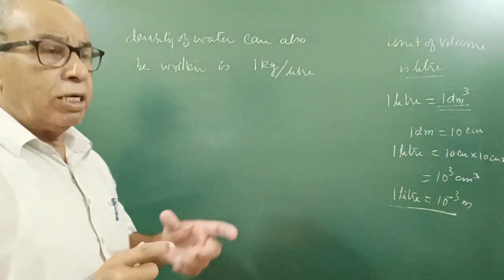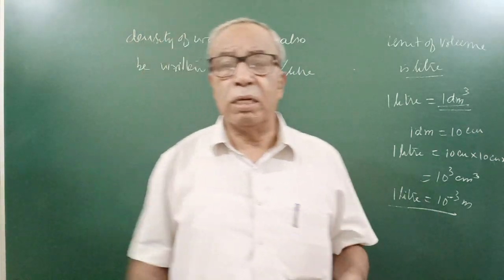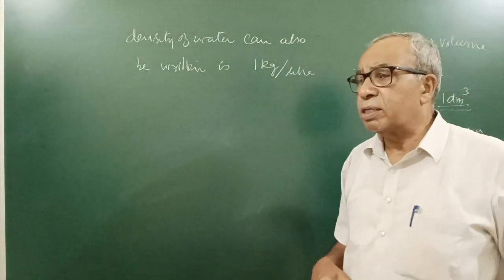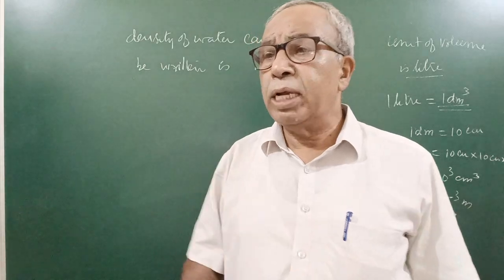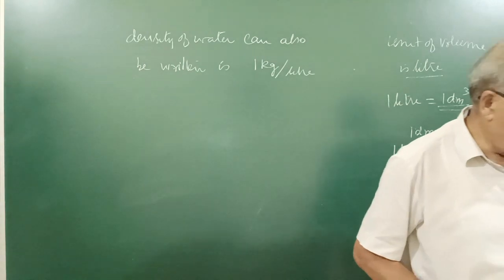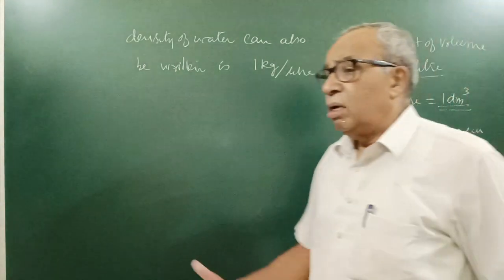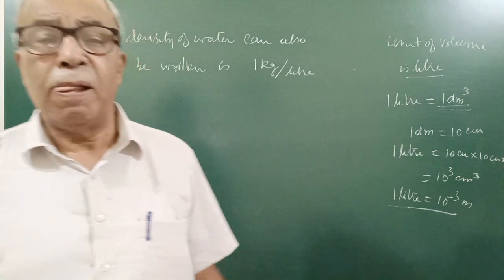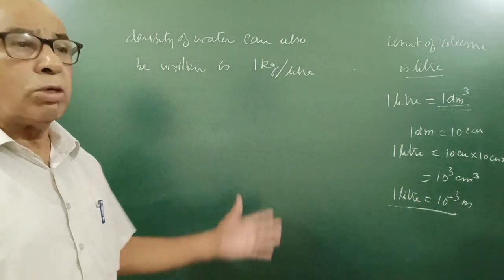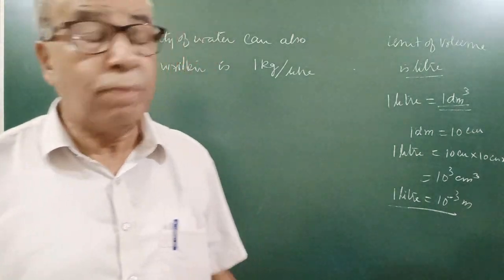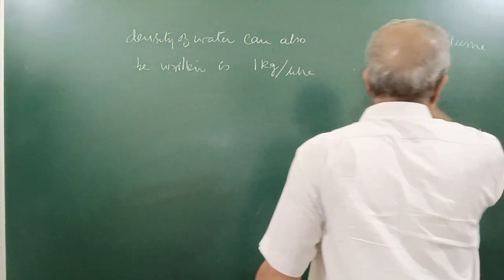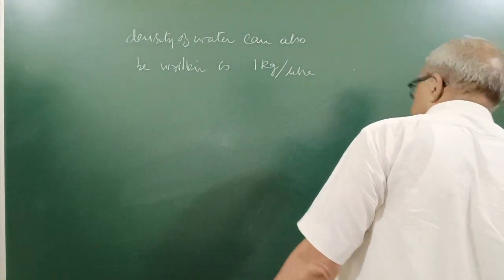It means if you have a container of 1 liter, with length and breadth 10 centimeter, then the mass of water in that will be 1 kg. Density of milk is less than that of water. You purchase milk from the milkman, and he measures actually not in kilogram, he measures in liter. If you say 1 kg, he is not giving 1 kg, he is giving 1 liter of milk, which is less than 1 kg. We people of science should understand all these terms very clearly.